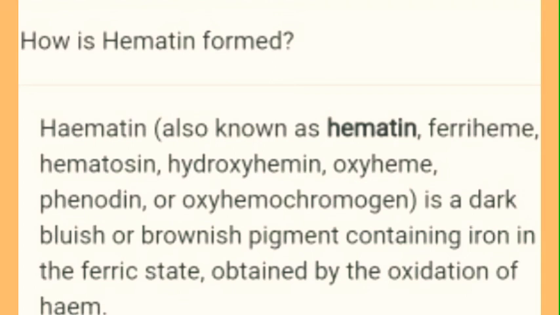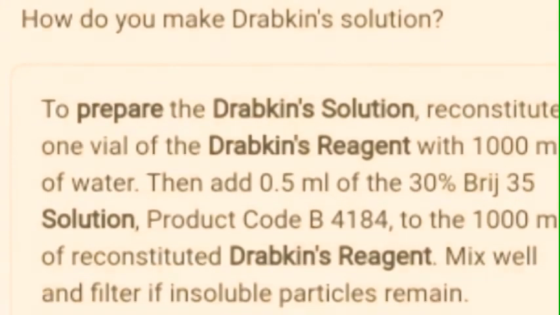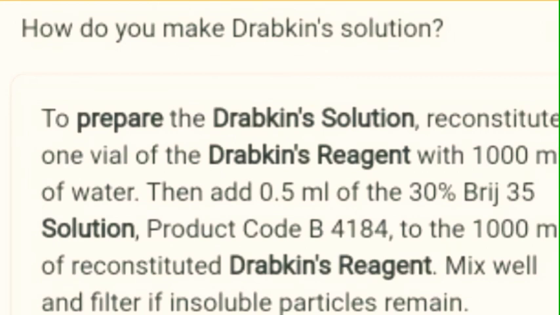Now the second method, that is the cyan-methemoglobin method or Drabkin's method. To prepare the Drabkin solution, reconstitute 1 vial of the Drabkin reagent with 1000 ml of water, then add 0.5 ml of the 30% Brij 35 solution, product code B4184, to the 1000 ml of reconstituted Drabkin's reagent.